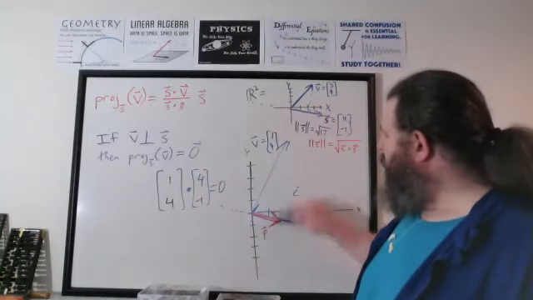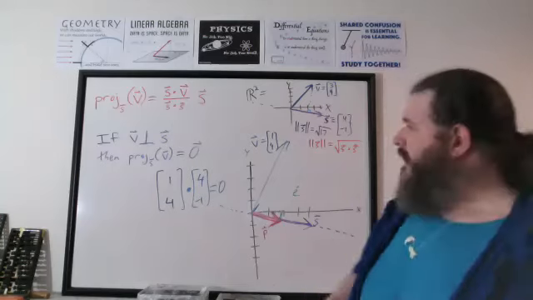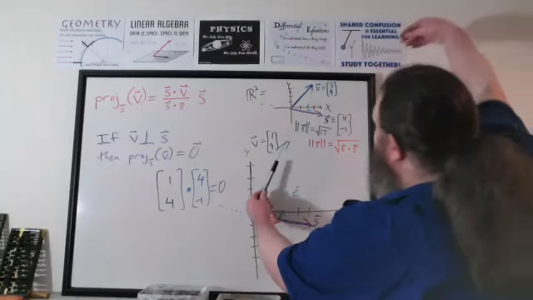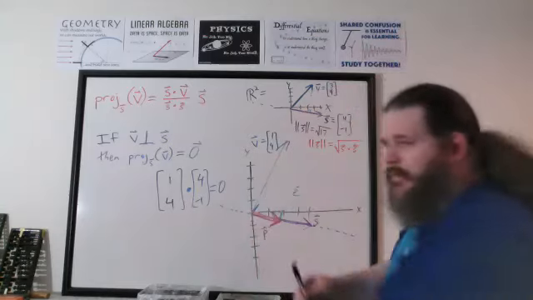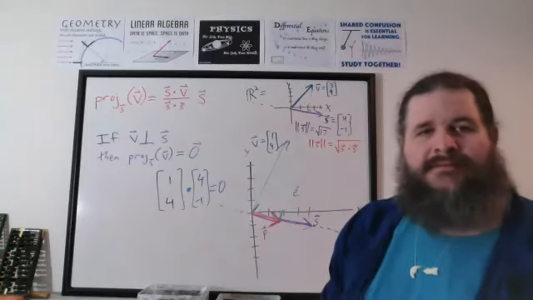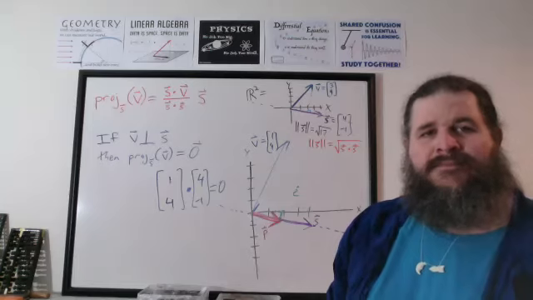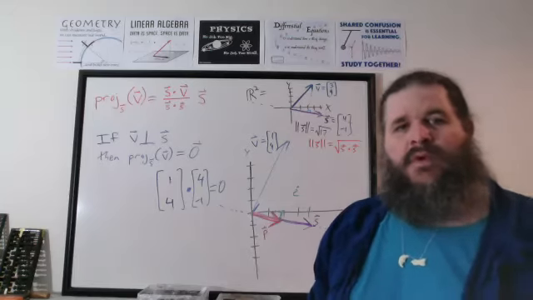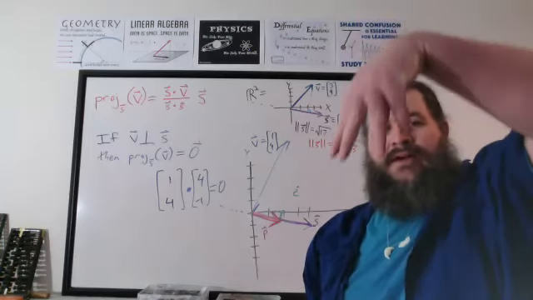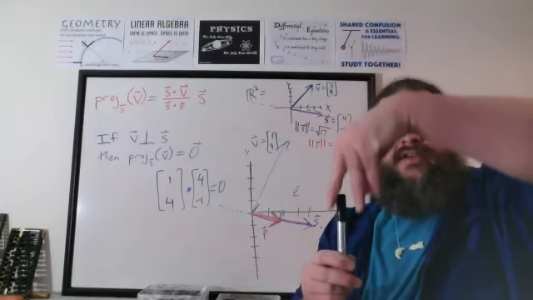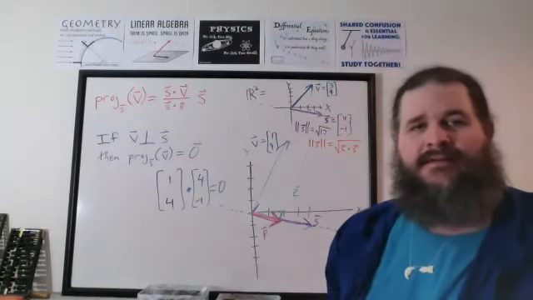Because if we take that perpendicular vector, again, if you think of this as casting a shadow, if you've got a stick pointing like this and you've got light shining down like this, what would the shadow of that stick look like? Or let's say the sunlight is directly overhead and you've got a vertical stick, what sort of shadow is cast by a vertical stick if the sun is directly overhead?